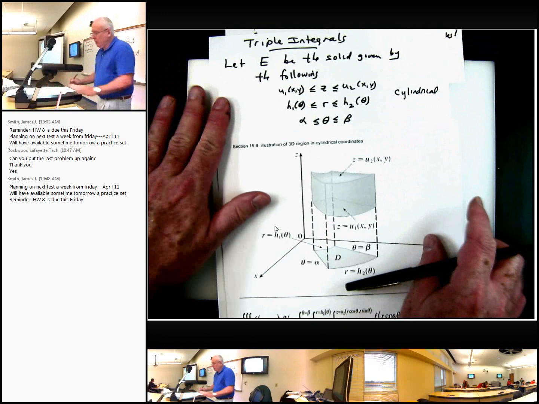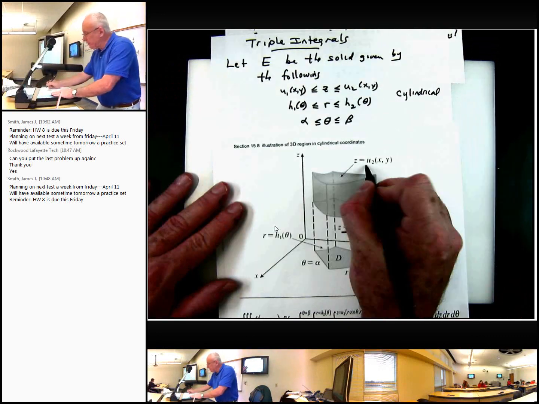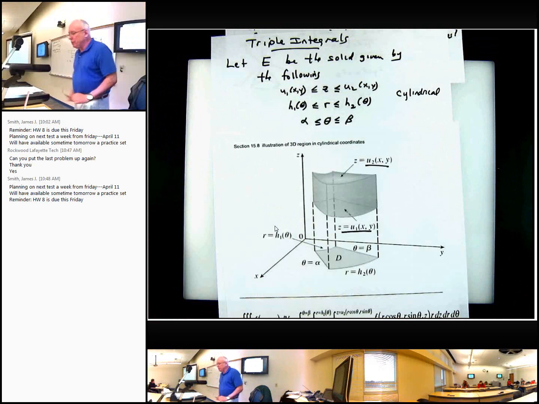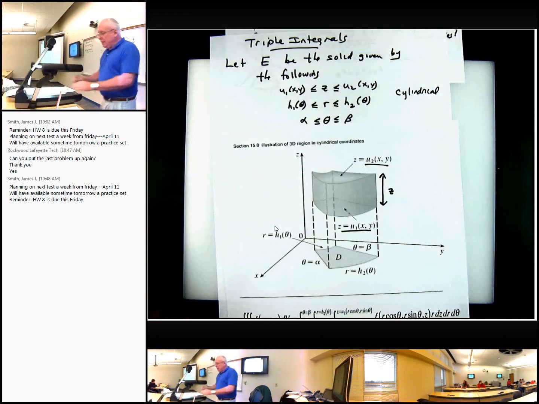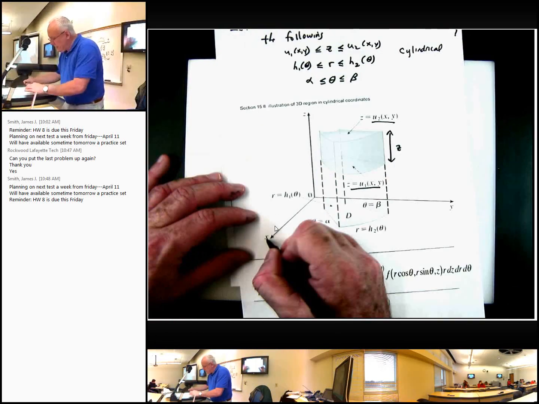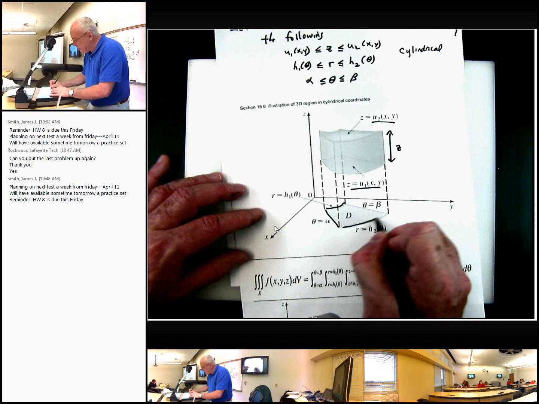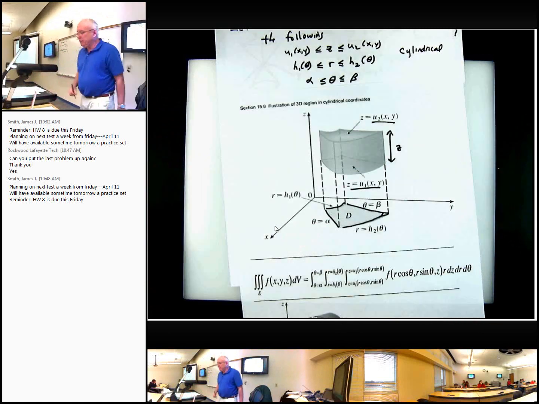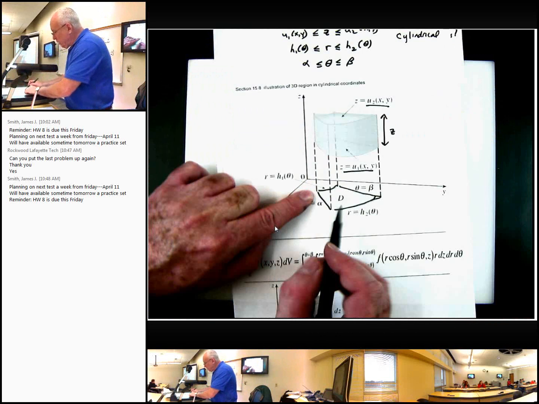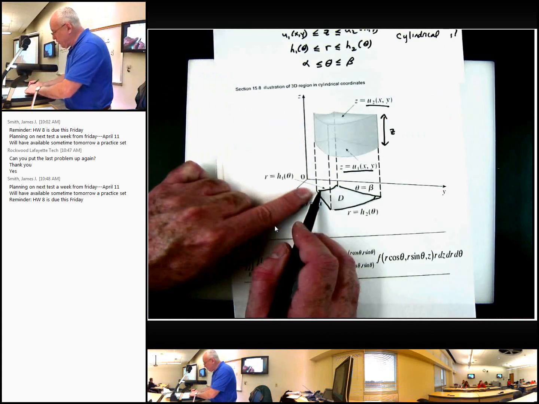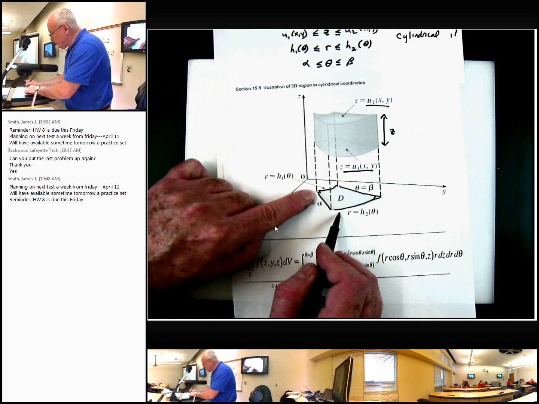Okay. So here, this is our lower function for z. This is our upper function for z. So z ranges here. And then when we project this down onto the xy plane, its shadow is this region here called D, where notice it is ranging in polar coordinates from a lower function of theta, as theta changes, r changes, to a higher function of theta.